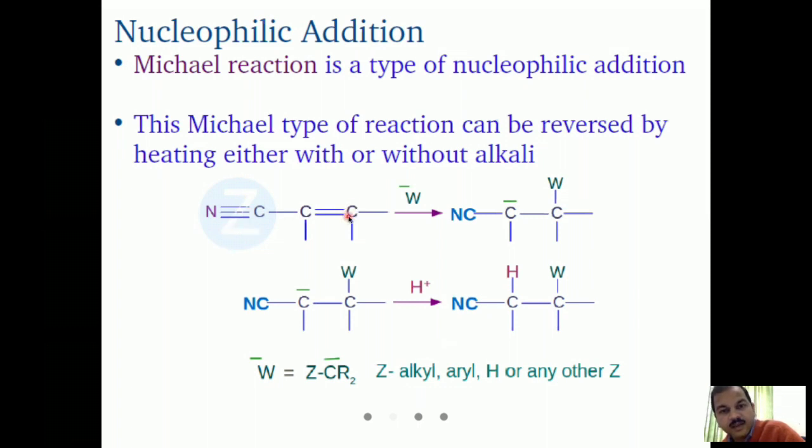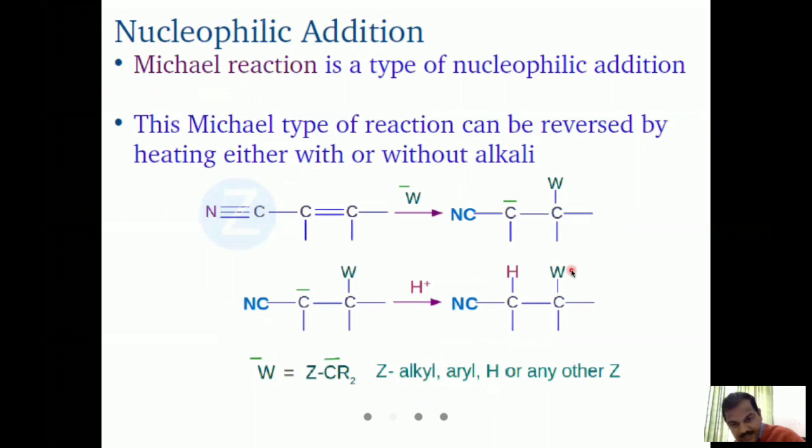Now this is the nucleophile. It will attack on this carbon. This bond will move here. Anion formation takes place. Now the electrophile will come, attack this carbon anion, and form a product like this.